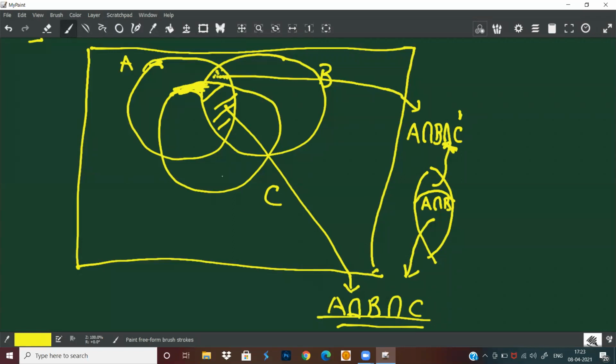Correct? Now ये क्या है बोलो? This part. A में है, C में है, but B में नहीं. Sorry, एक मिनट ये कट करने दो. A में है, C में है, but B में नहीं है.